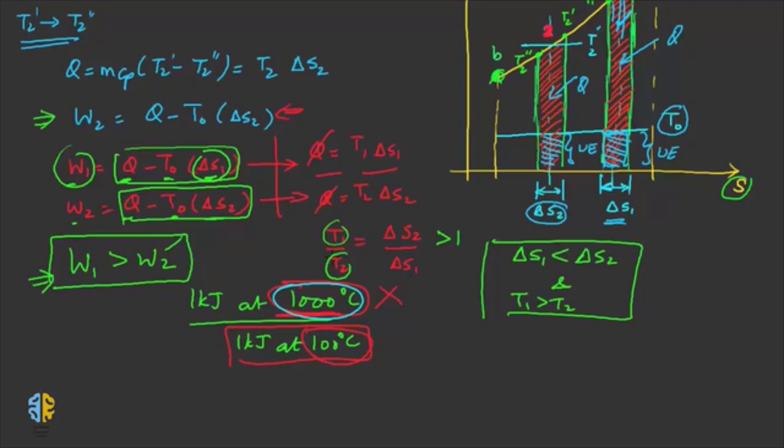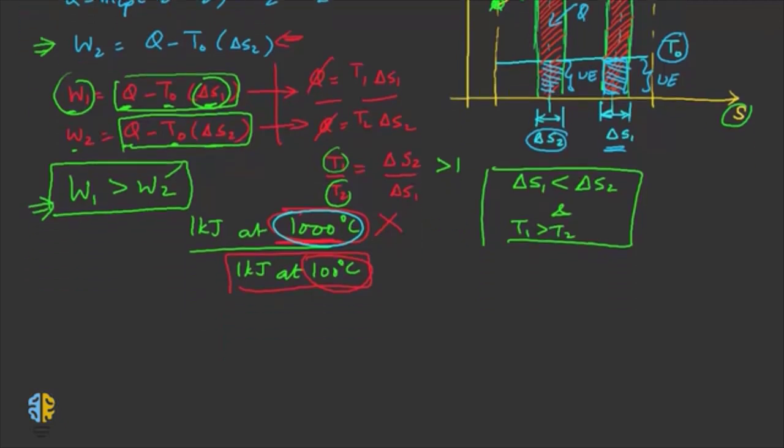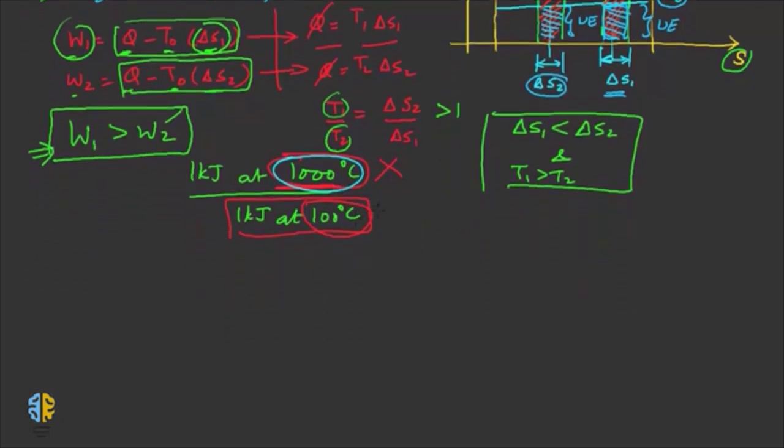So this is a concept that tells us about the quality of energy loss, that if you lose energy at a high temperature, it has more detrimental effects as compared to losing energy at a low temperature. So this affixes a quality to energy of a system. So I will write this down.